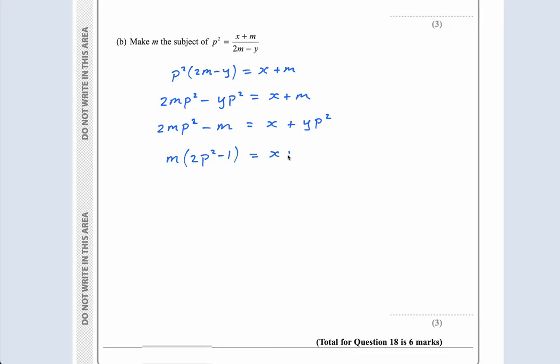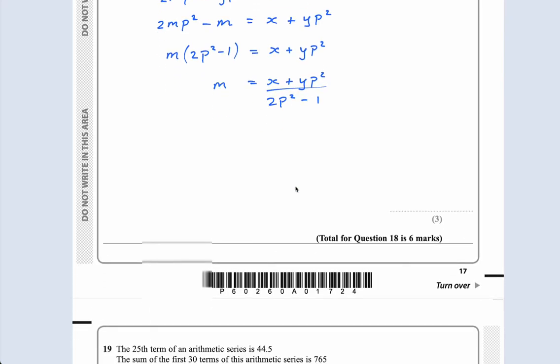This is x plus y p squared. And then finally, I divide by this. So it's going to be x plus y p squared over 2p squared minus 1. Okay, as I say, guys, not easy, but familiar. And if you practice enough of these, you can do them for sure.